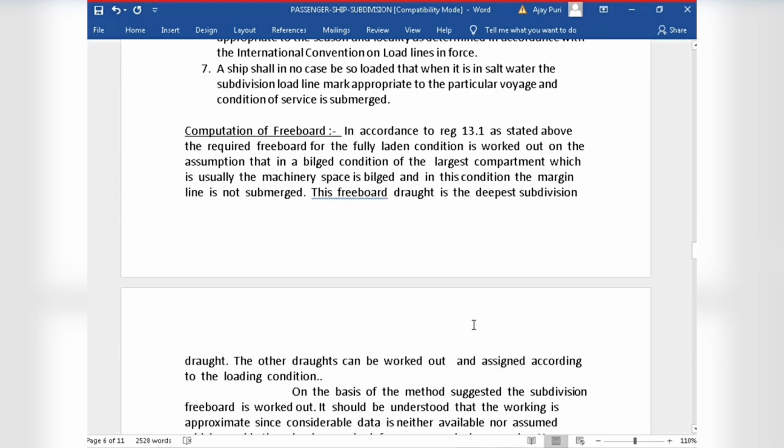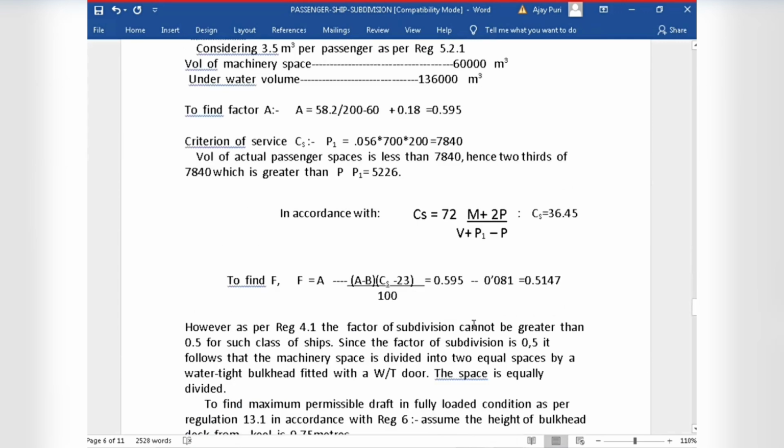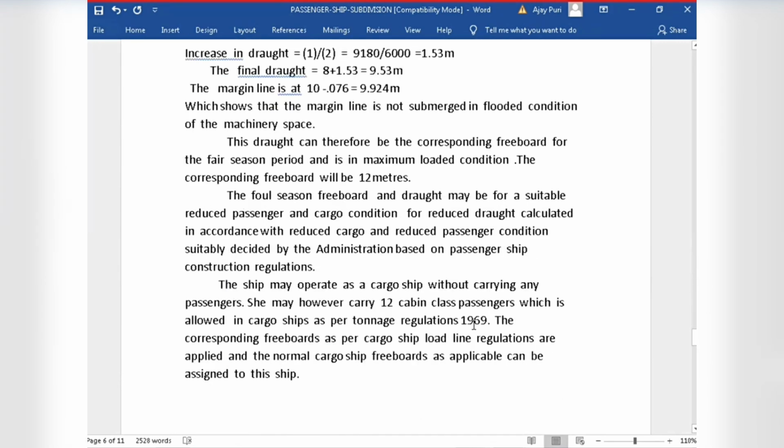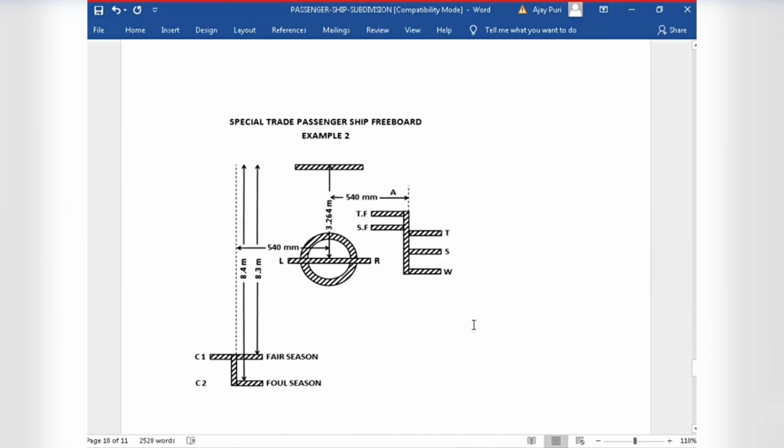Now, let me show you the subdivision draft and then we'll come to this. So here, no, they have not shown this. Yeah, C1, C2 is there, which is below your summer freeboard. These are your subdivision drafts for passenger ships. C1 is fair weather, and for C2 you have more freeboard in foul weather.